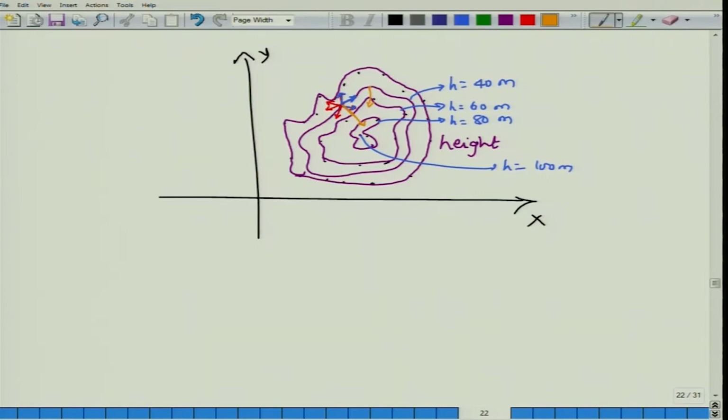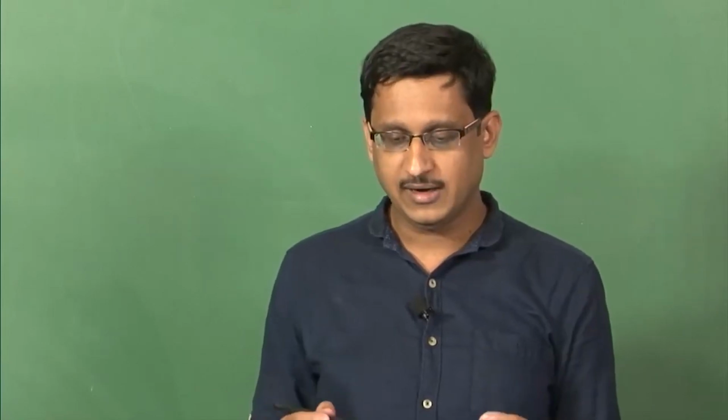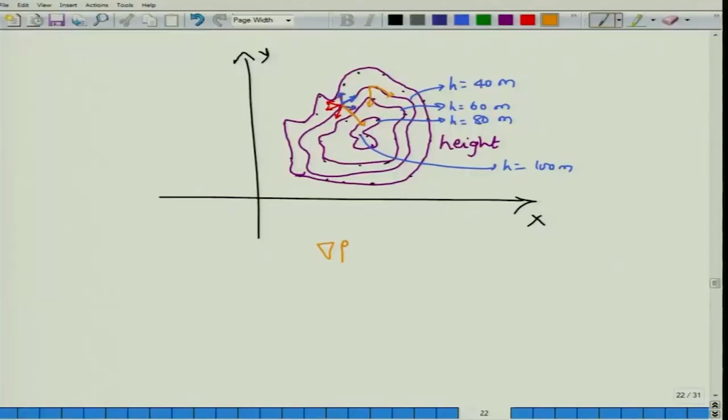If I move on the same contour, of course I am not seeing any change in the height, because these are the constant height contours. From this you can observe that the gradient you find will always be perpendicular to the contours of constant function values.